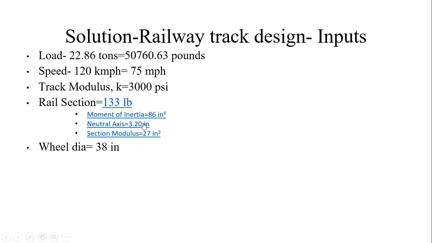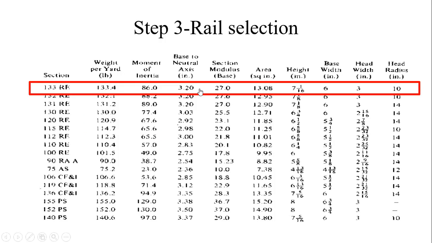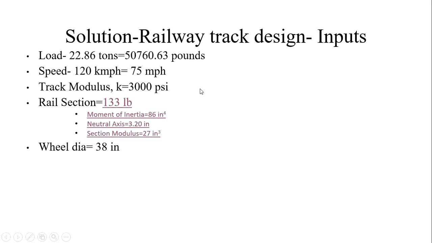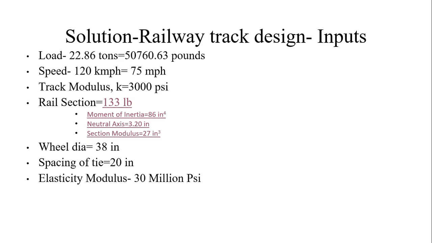You can always go to the rail table to find these. From here, I'll get this value and then go back there. The wheel diameter is 38 inches, which is given to us. The spacing of the ties is 20 inches. Again, this is an input in the numerical problem. I have not assumed anything there. I've assumed this data actually, it's a hypothetical problem. The elastic modulus of steel is 30 million psi. We all know that.